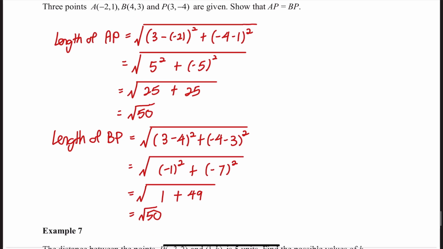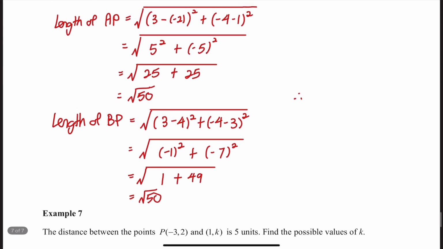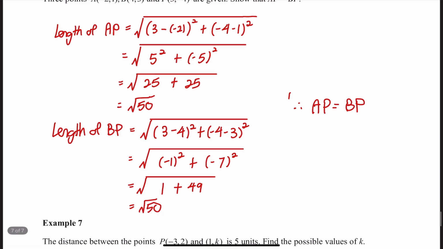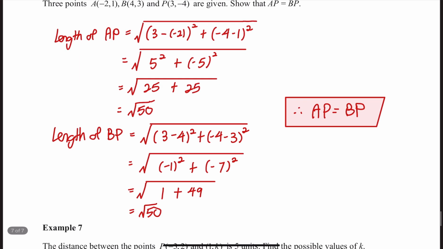And I notice that the lengths are the same. Therefore we can conclude that AP is equal to BP. This is an important conclusion that you must state based on the results we have shown over here. And this is for example 6. And it can include a 'shown', which is what the question wants you to show.